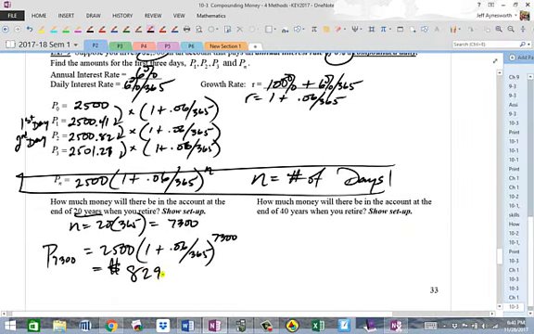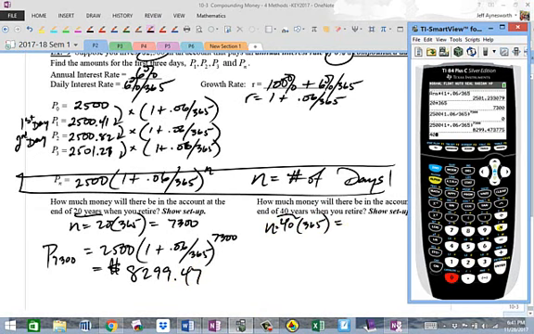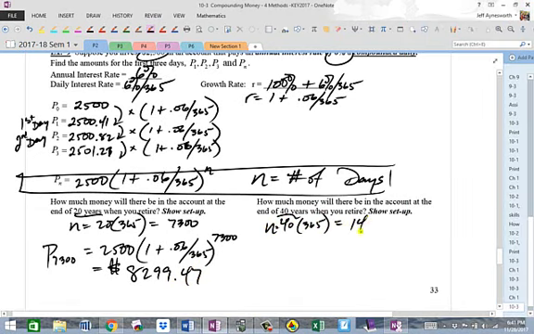In 40 years, let me see, n is equal to 40 times 365, which is 14,600 days. So the piece of 14,600 equals 2,500 times your growth rate raised to the 14,600 power.